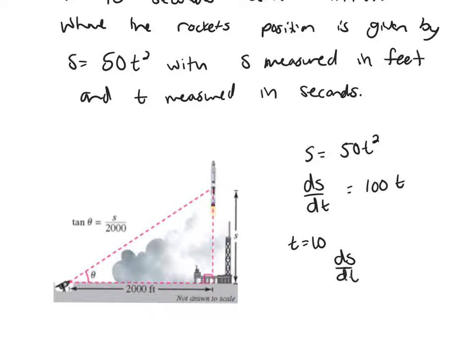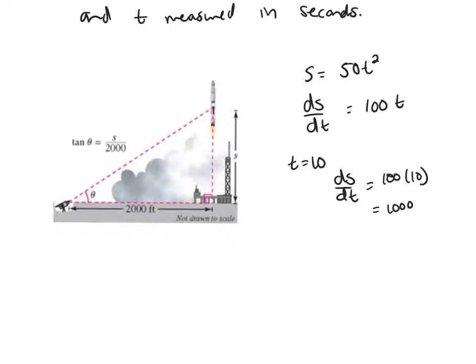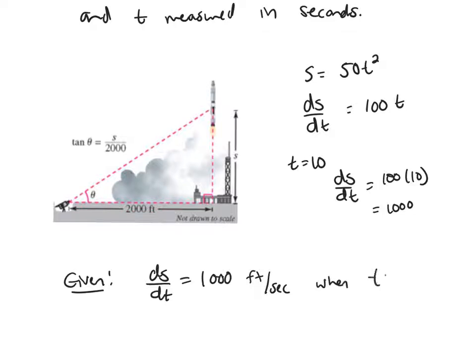So ds/dt would be 1,000. 100 times 10, or 1,000. So what are we given here? We're given ds/dt equals 1,000, and our units are going to be feet per second when t equals 10.